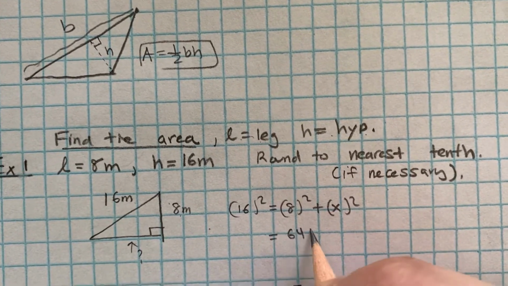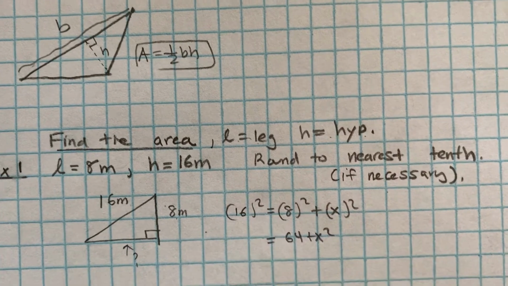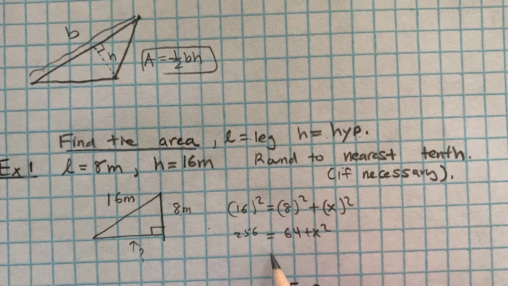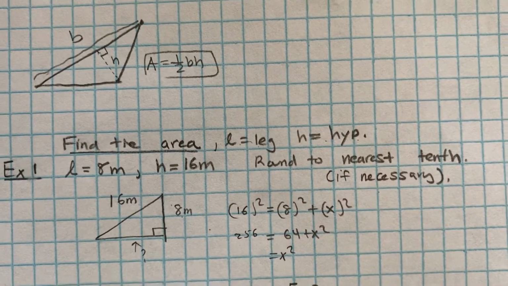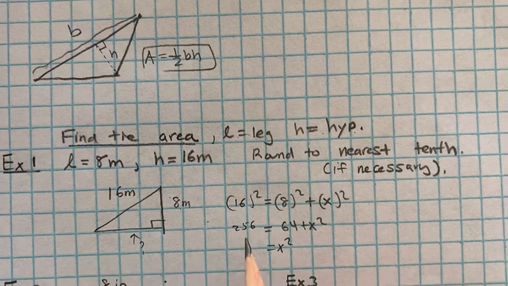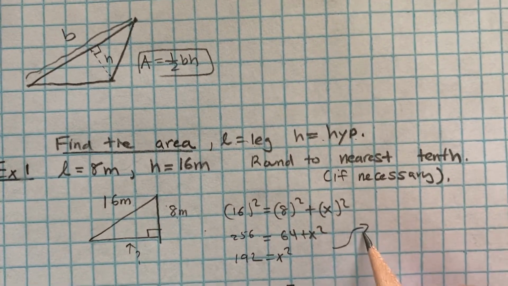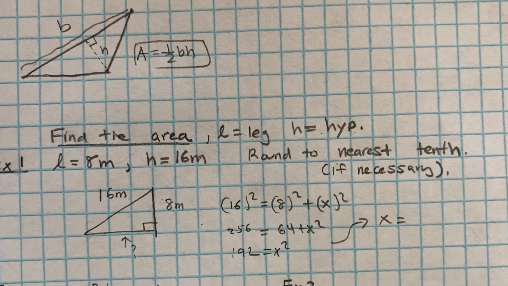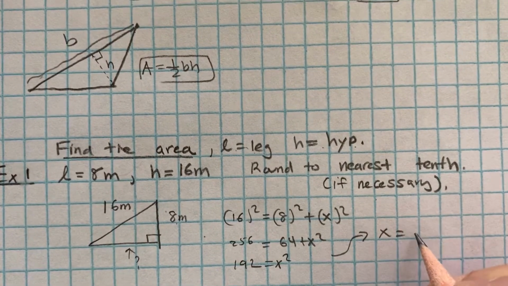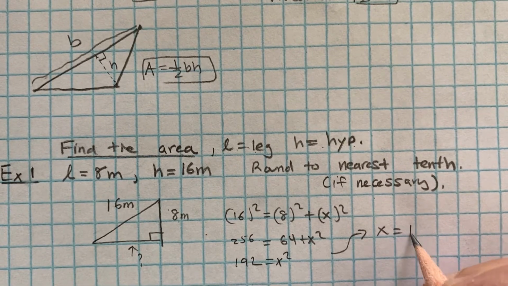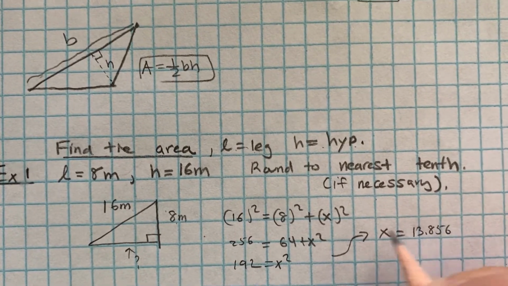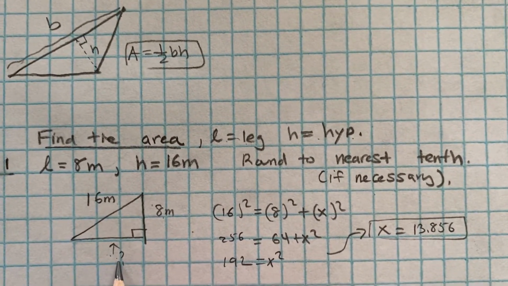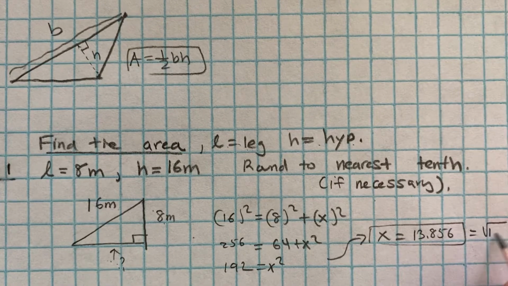So 64 plus x squared, 16 squared, I believe, is 256. Okay, so 256 minus 64 will give you 192. And if you take the square root of both sides, the square root of 192, you're going to get about 13.856. Okay, so that's this length right here. Actually, you could just write it as the square root of 192 for now.